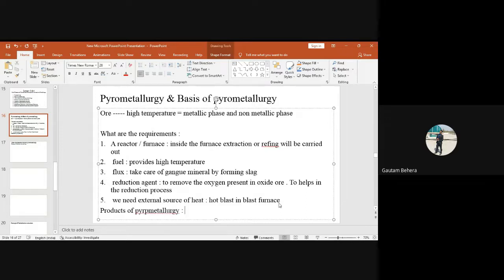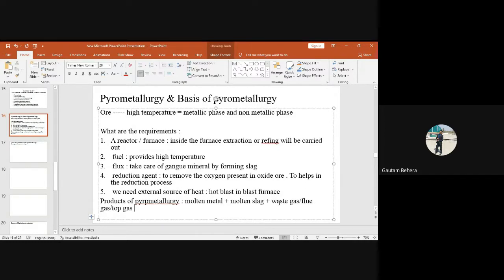The products are, as I told, molten metal, plus molten slag, plus waste gas, which people sometimes call flue gas, some people call top gas, plus some solid particles present in the waste gas.